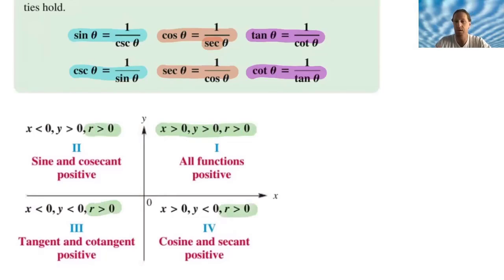It's always going to be greater than 0 and never negative, because it is a length from the origin, the center, out to some other point we call a radius on that circle. All right. But what can change is obviously the x's and y's. And so to streamline this, we're going to make it very simple. We're going to give you a little acronym to help you memorize this. And it is All Students Take Calculus.